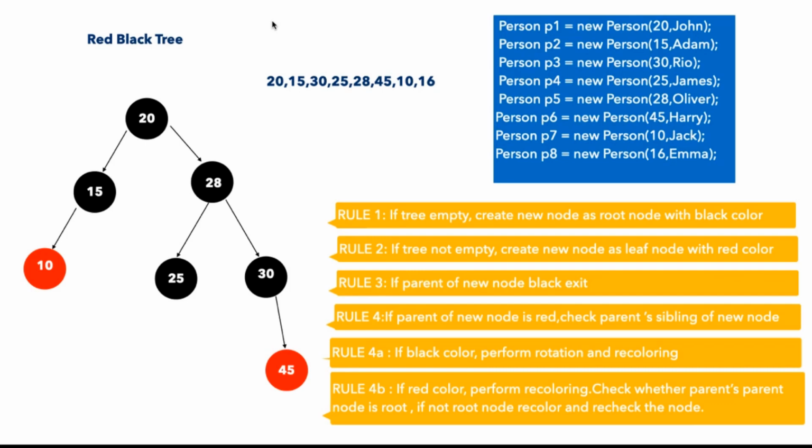The next element is 16. 16 will be the right child for node 15 and it also follows the rule 2. Create new node as leaf node with red color. Again, the parent for 16 is node 15 which is already in black color, so we are fine.